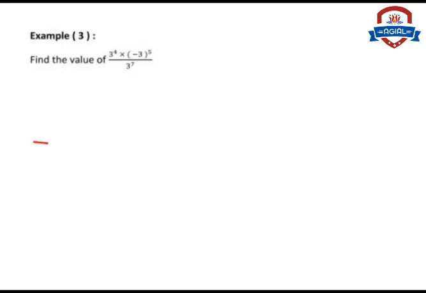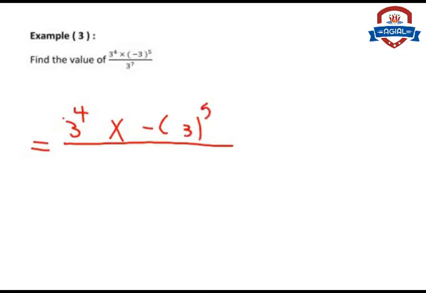So we have 3 to the power of 4 times (-3) to the power of 5, over 3 to the power of 7.